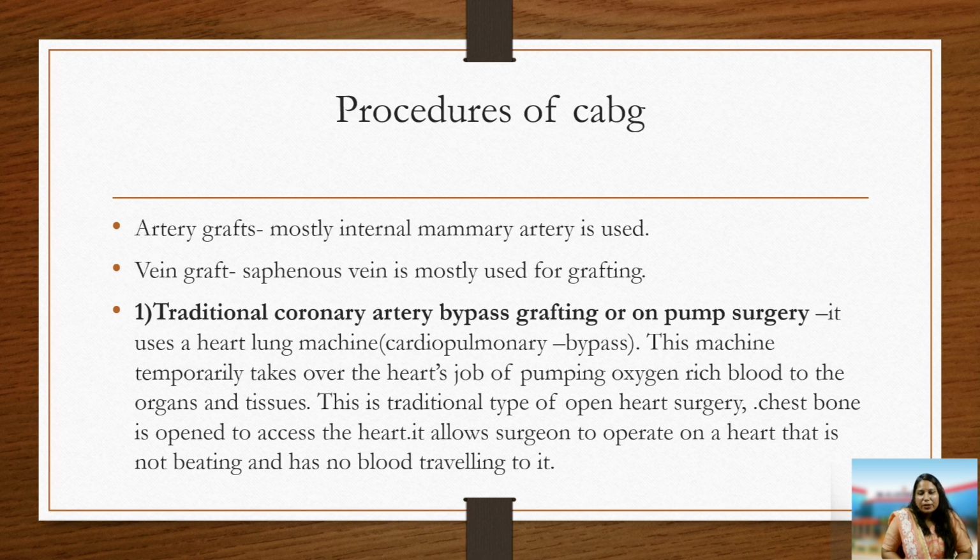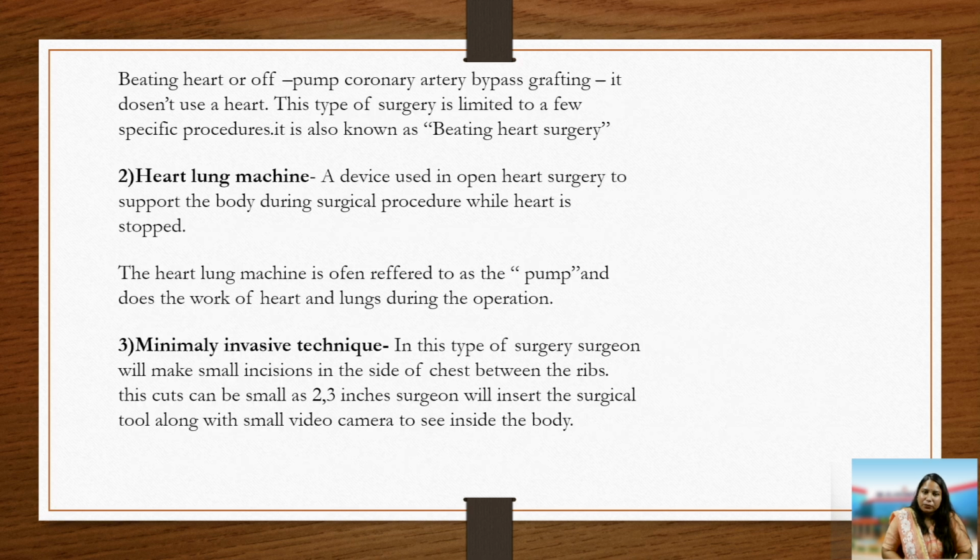This machine temporarily takes over the heart's job of pumping oxygen rich blood to the organs and tissues. This is the traditional type of open heart surgery. The chest bone is opened to access the heart. It allows the surgeon to operate on a heart that is not beating and has no blood traveling to it.